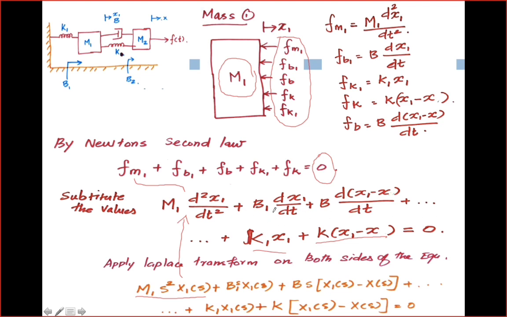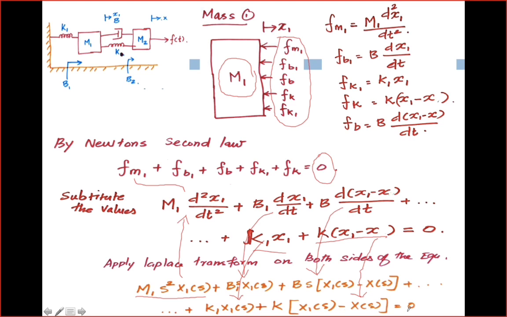The Laplace transform of the second one is b1 s X1 of s. The Laplace transform of the third term is b s into (X1 of s minus X of s). Similarly, k1 into x1 becomes k1 into X1 of s, and finally k into (x1 minus x) becomes k into (X1 of s minus X of s), which is equal to 0.